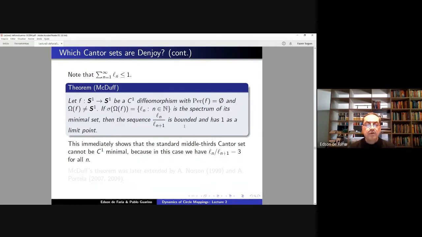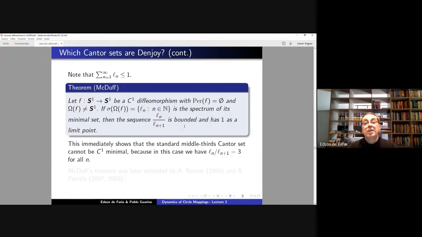Now this, of course, immediately rules out the middle third Cantor set as a possible C1 minimal set, because in this case the ratios are always equal to 3. In the first generation of the construction, you take the middle third, which has length 1/3. Then you're left with 2 intervals of length 1/3, so you take the middle thirds of those.